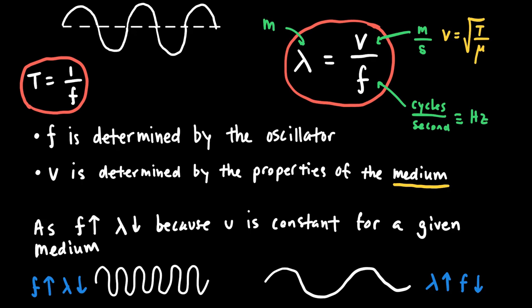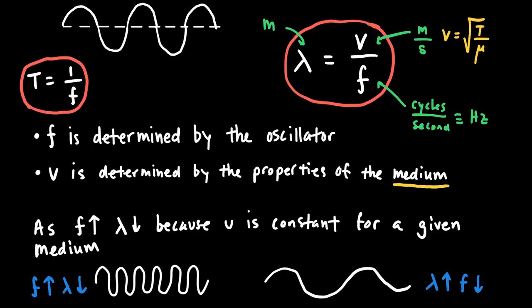If the speed is determined by the physical properties of the medium and the frequency is determined by the oscillator, which is either the person doing it or the machine doing it, then the wavelength really is just determined by the ratio of those two things. Okay, there's not some third independent thing that determines the wavelength. It's just that for a given medium we know the speed, and for a given oscillator we know the frequency. And those two things allow us to calculate the wavelength.